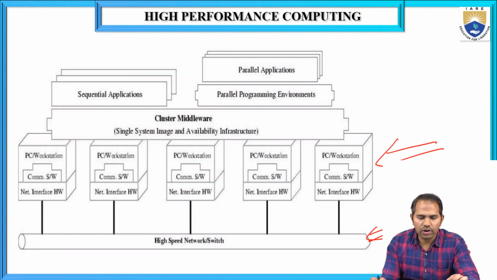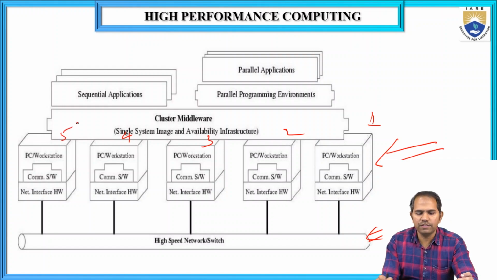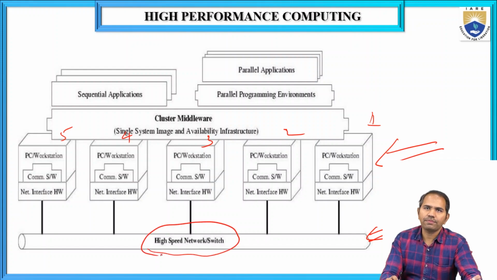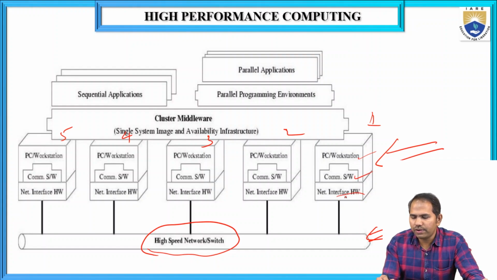These are PC or workstations, and each one is considered a node. Assume that is the first node, second node, third, fourth, fifth, and so on. These are all different nodes interconnected with a high-speed network or switches. Each node is a PC or workstation with communication software and network interface hardware.